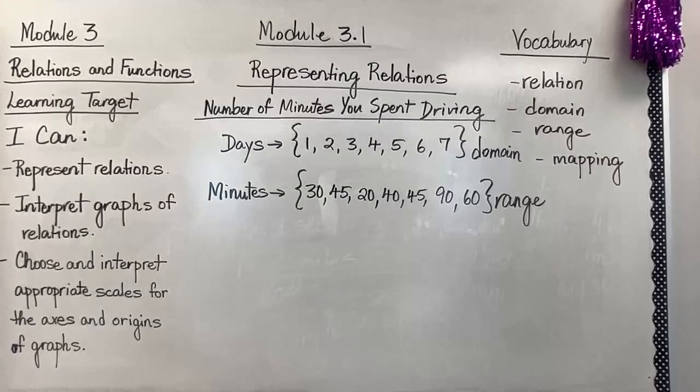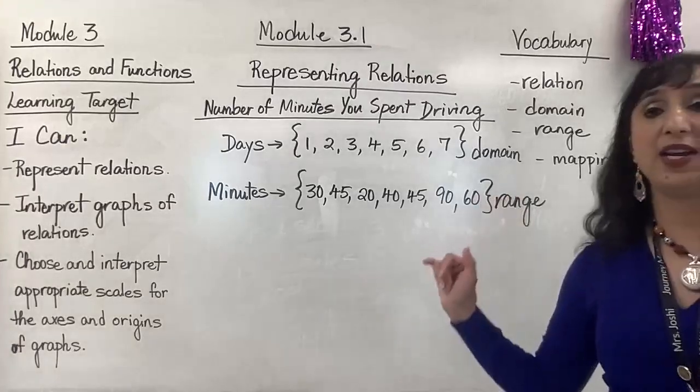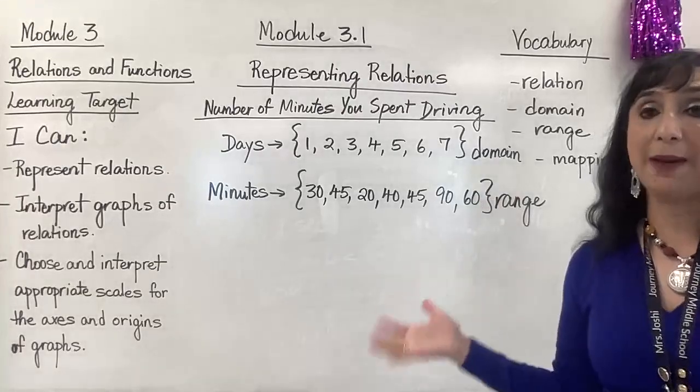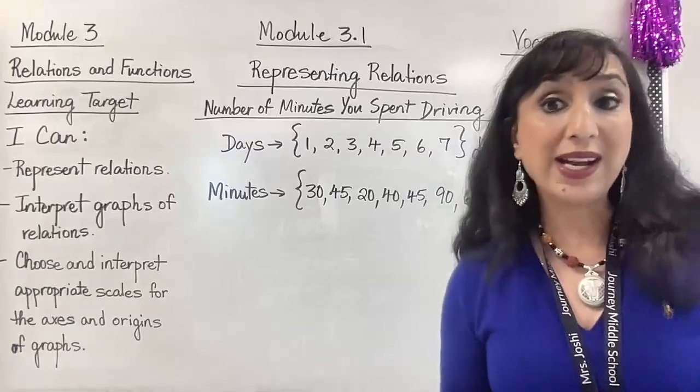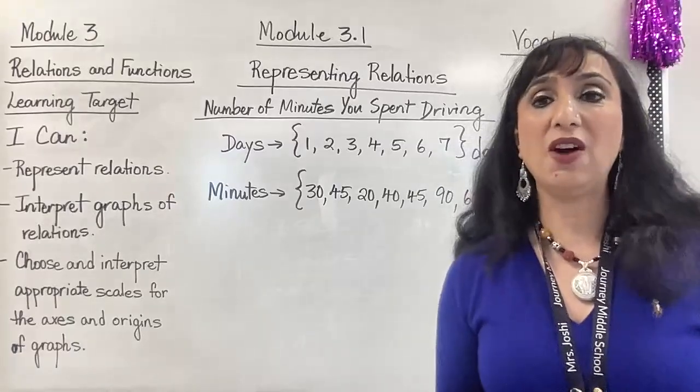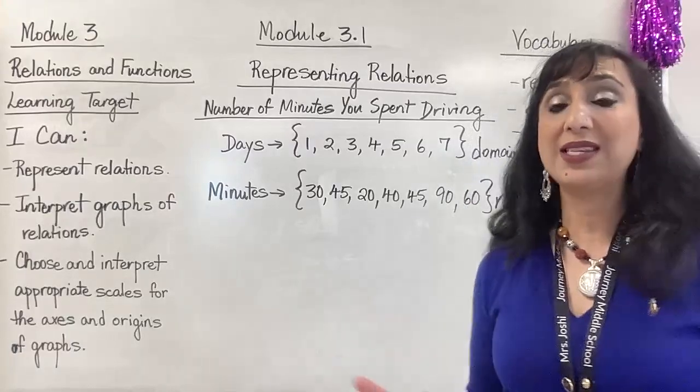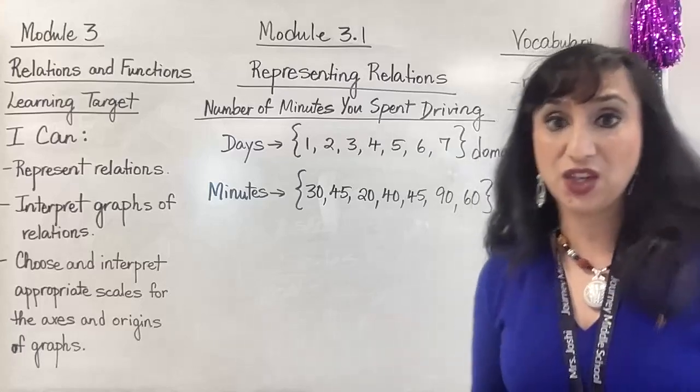So I'm going to talk about domain and range and how we are going to map it, make a table, graph it, or write an equation. There are so many ways that we represent those relationships.